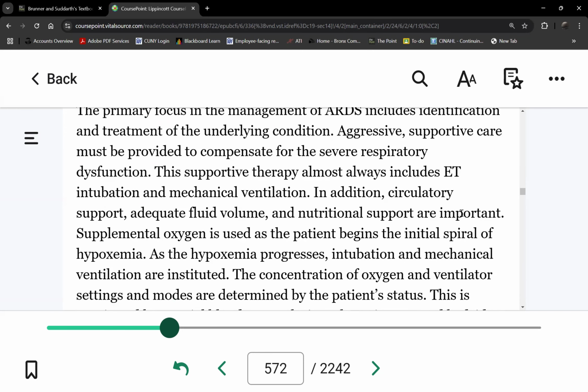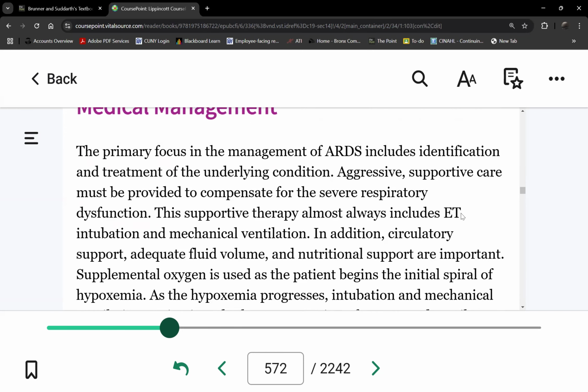As already mentioned, this is a short topic because what's the only treatment for ARDS? Oxygenation support, whether non-invasive or invasive, meaning we intubate and put them on a ventilator, and then we treat the underlying cause, just like acute respiratory failure.